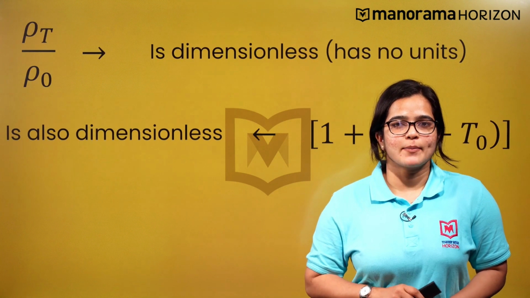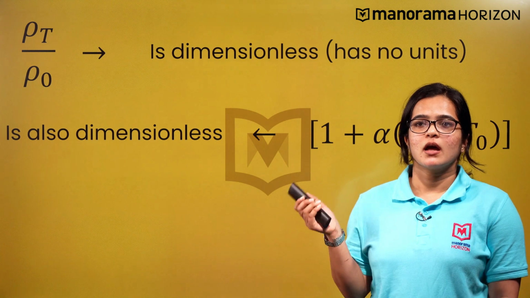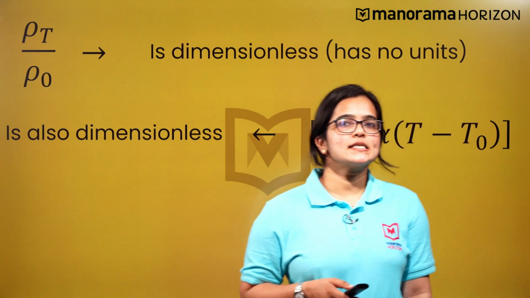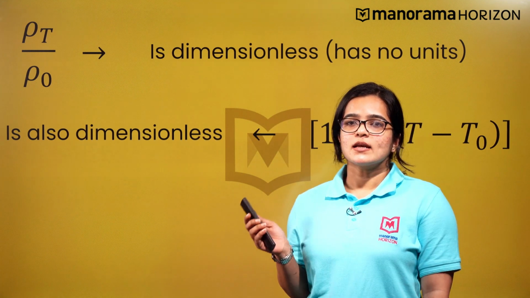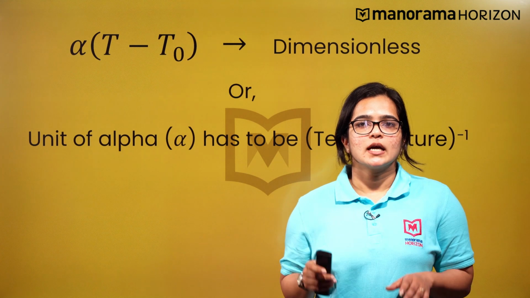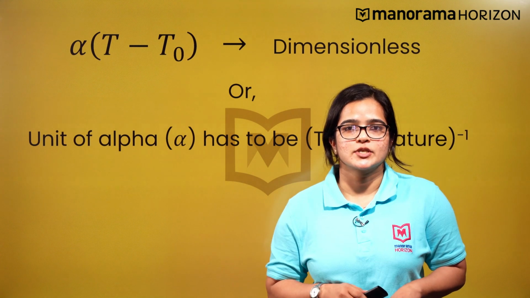Since this ratio is dimensionless, this means that the opposite side of the equation, given by 1 plus alpha times the difference in temperature, also has to be dimensionless. And since on the RHS 1 is already a dimensionless number, the product of alpha and temperature difference also has to be dimensionless.